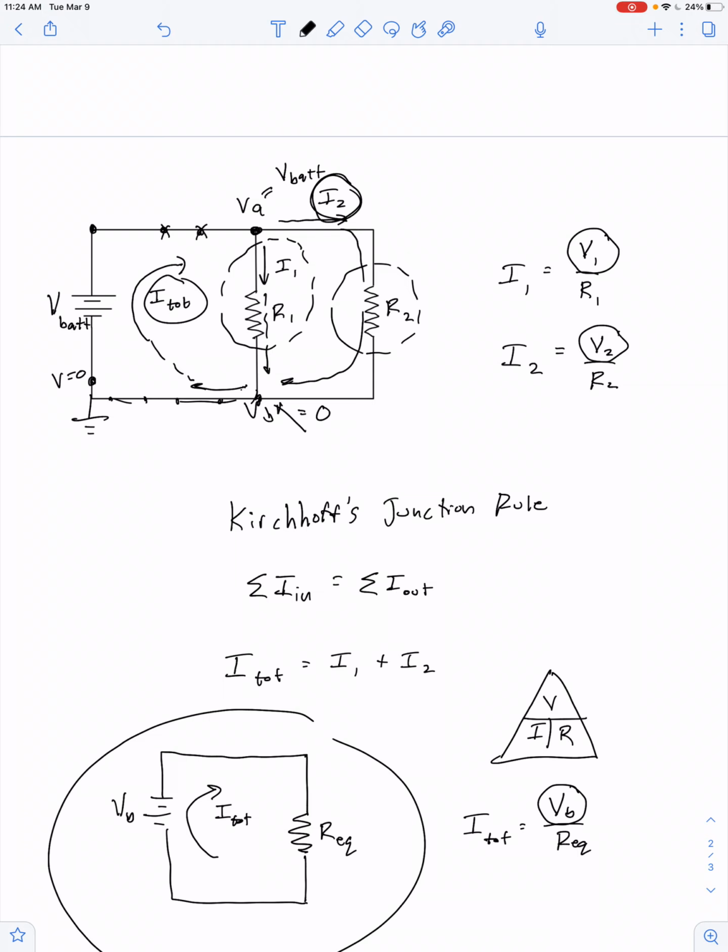So the voltage across resistor number 1 and the voltage, well, I can even extend this point over to here, right? This is also the battery voltage, and this is 0.